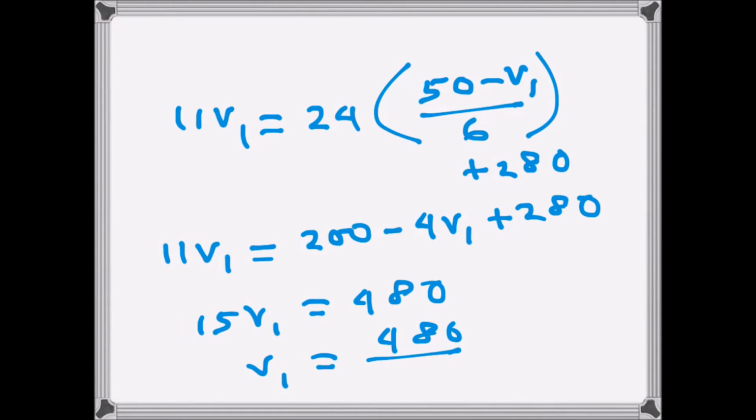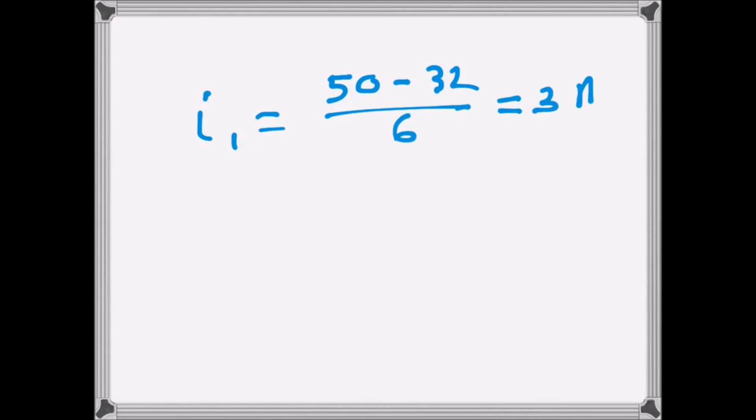So V1 is 32 volts. Once we know V1, we can also know I1, and that will be I1 equals (50 minus V1)/6, which is 18 over 6, so that is 3 amps.